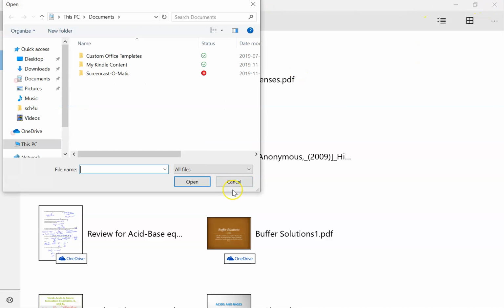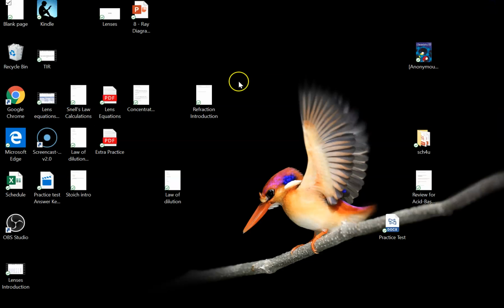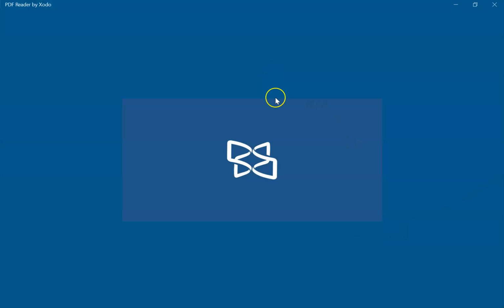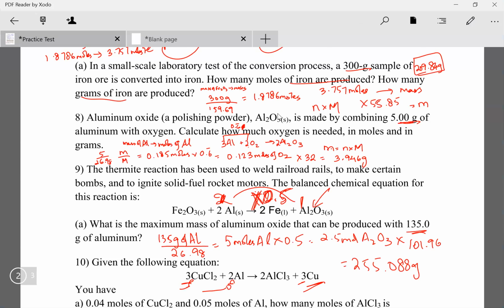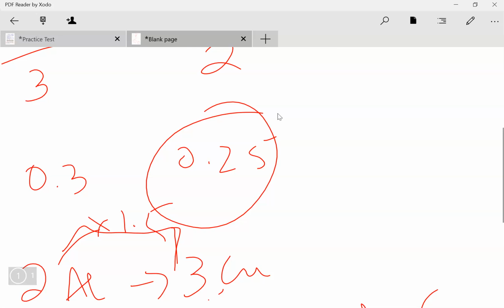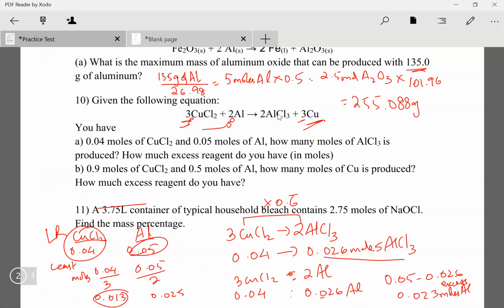Oh, that's the wrong button. Blank page. Practice test. Was it this one? I think so. It opened up again.